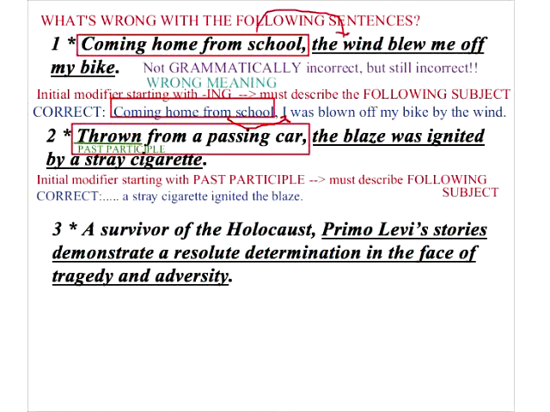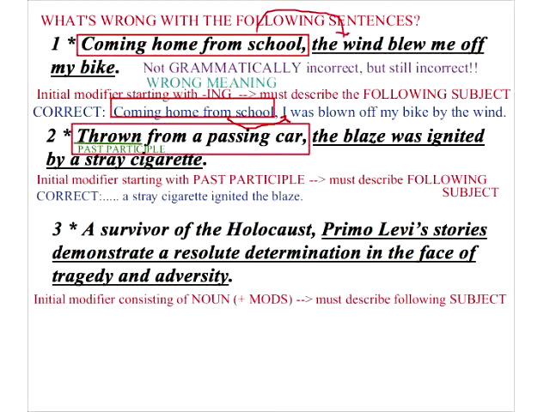So again, we've got to figure out what the deal is here. When your initial modifier consists of only a noun or a noun plus modifiers, then that also must describe the following subject.